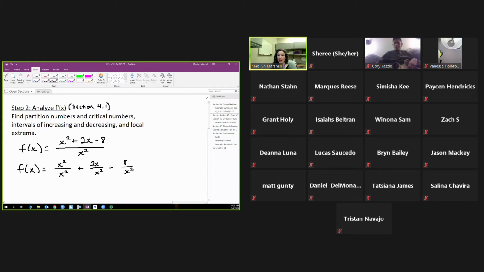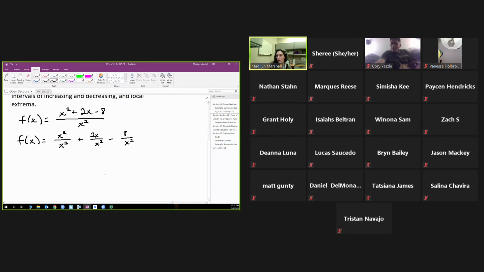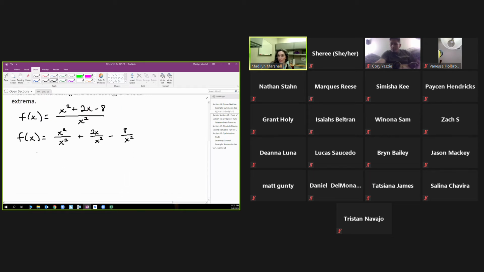And we can simplify each of those and apply the power rule to each. So this is all still just f. There's no derivative just yet. So x squared over x squared is just 1. 2x over x squared is 2 over x. And nothing cancels in the last one.